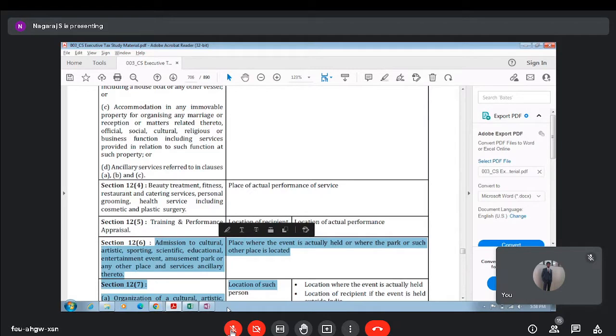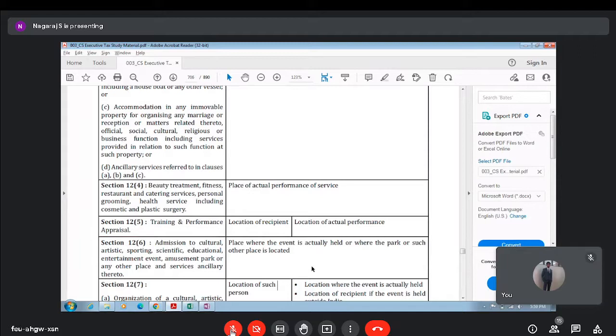Admission means entry. Here they may ask a question on a fair, or a circus, or an exhibition. Entry means ticket. If the IPL happens in KCA, you need to buy the ticket and then get into the stadium.